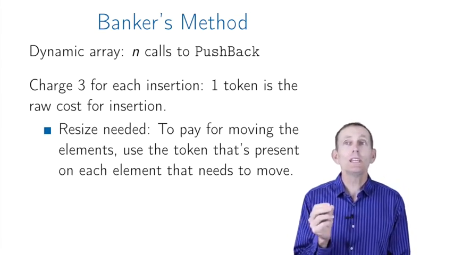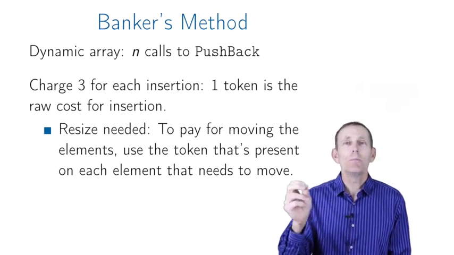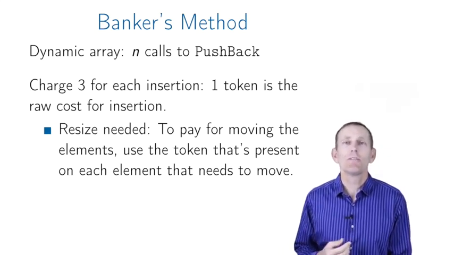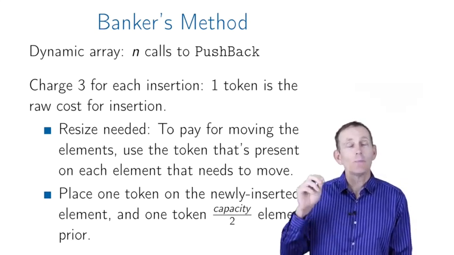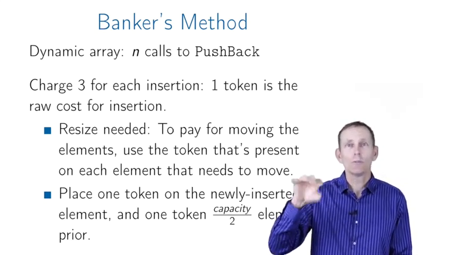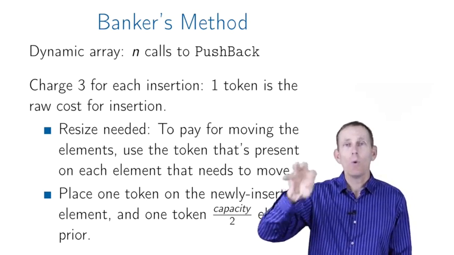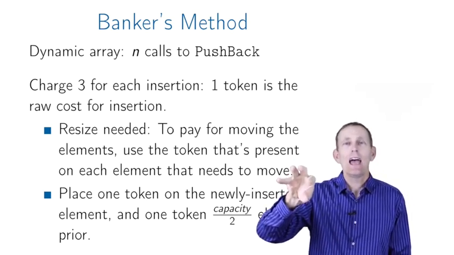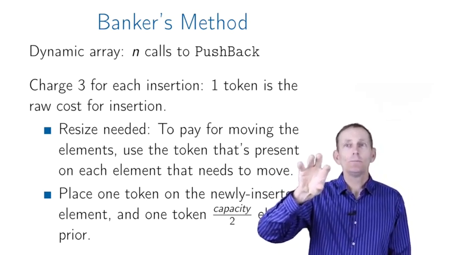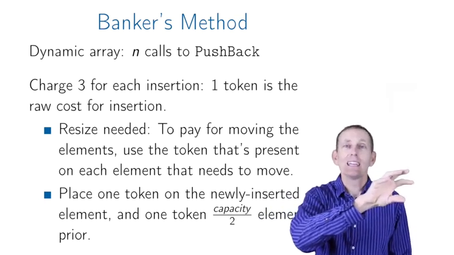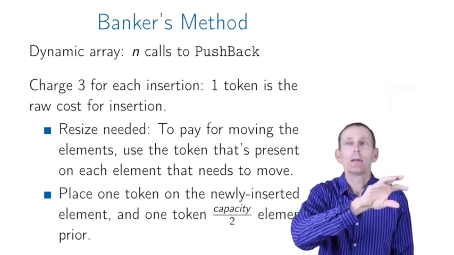So if we need to do a resize, in order to pay for moving the elements, we're going to use tokens we've already saved. Once we've added our item, we place 1 token on the item we added, and then 1 token on an item prior to this in the array. Okay?